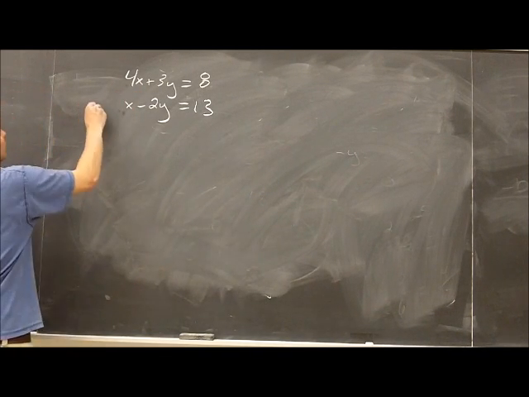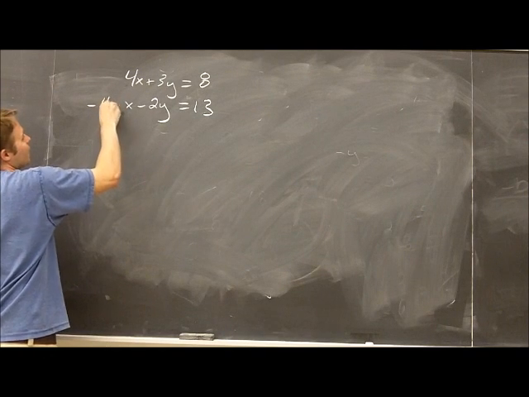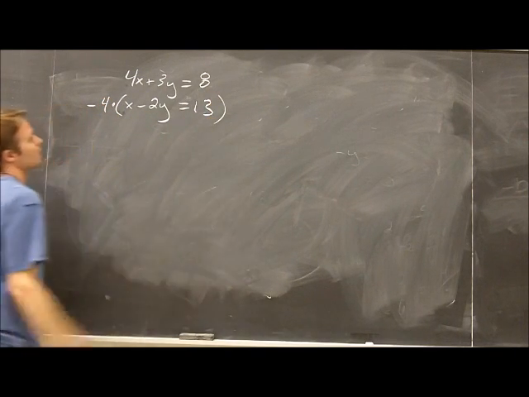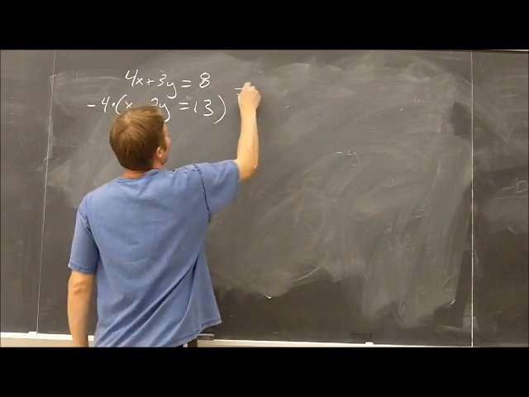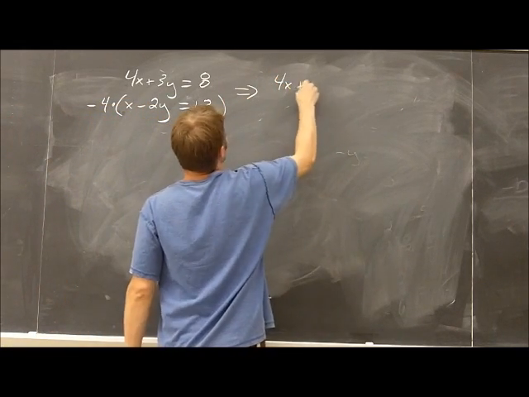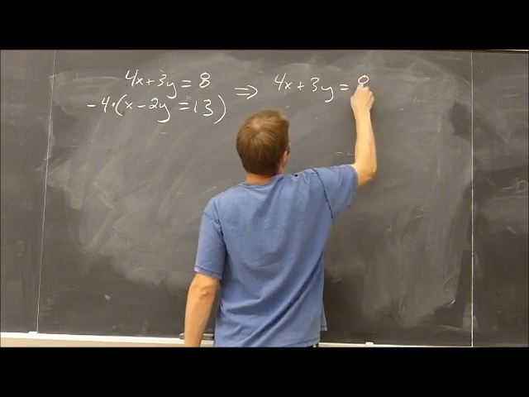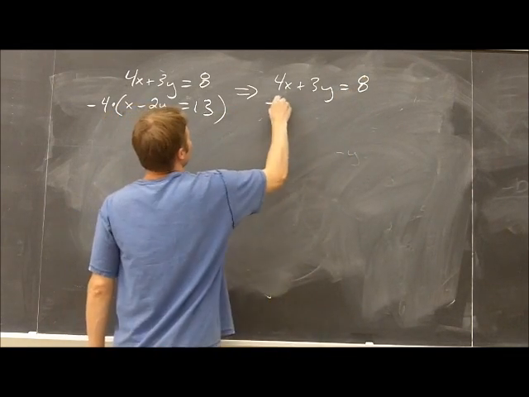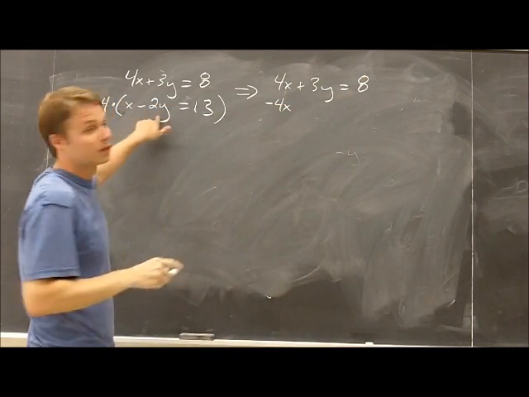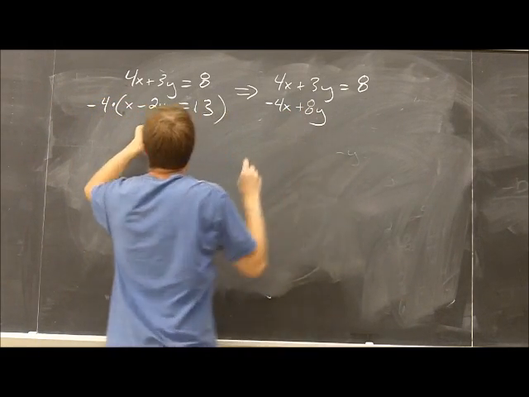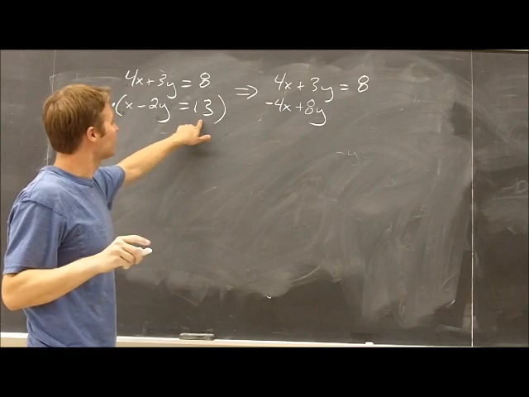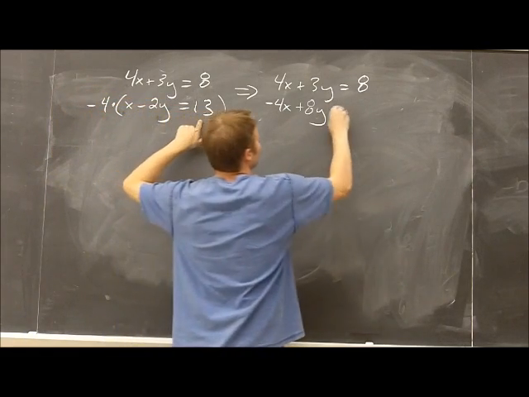So I can do that, but be careful, you have to multiply the entire thing times negative 4, so all parts of the equation. So this will become 4x plus 3y is equal to 8. And this will be negative 4x, and then negative 4 times negative 2y is a positive 8y. Negative 4 times 13 will be a negative 52.